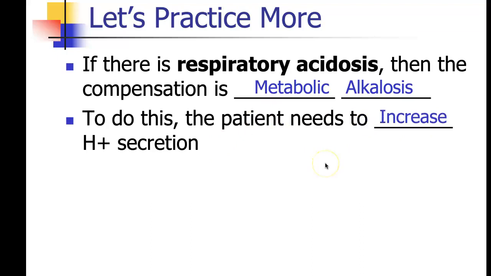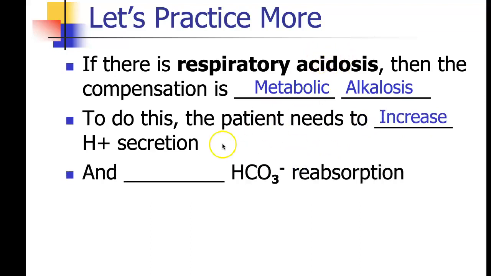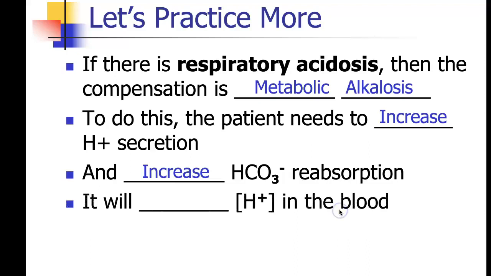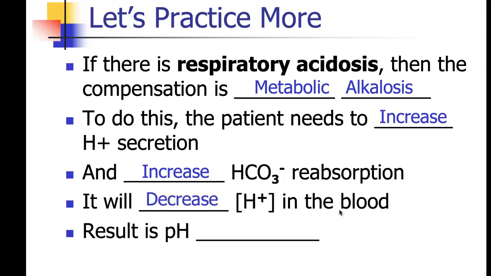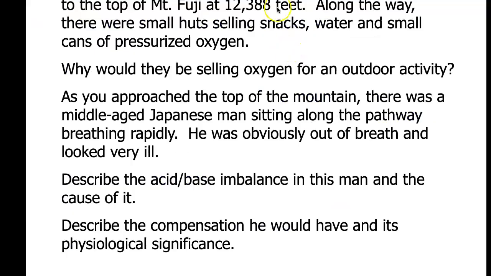They're going to have to increase it, right? Trying to get rid of the acid here in the blood. And they're going to increase CO3 reabsorption because if you're going to have more CO3 reabsorbed, now you're going to be able to balance the hydrogen ion that's in your blood. Okay. This will eventually decrease the hydrogen ion present in the blood, resulting in a pH increase. Okay.